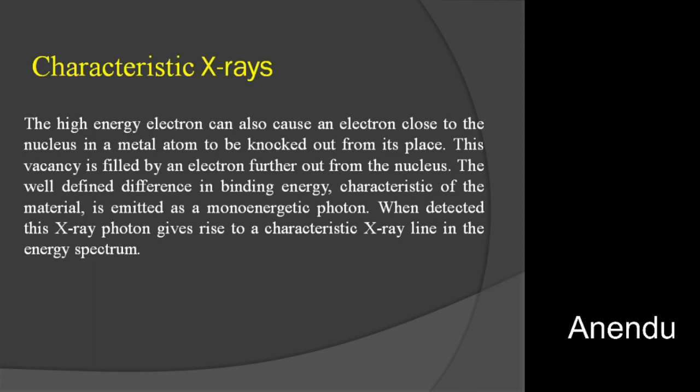So from a higher energy state, an electron comes to the vacant shell, and the energy is reduced by the electron, and we get K alpha, K beta, etc.